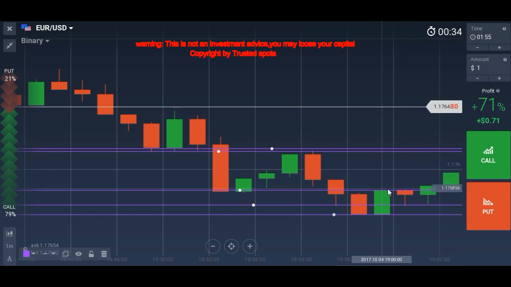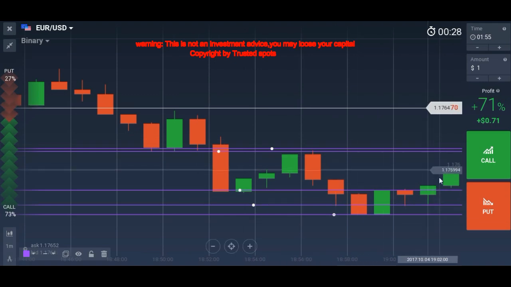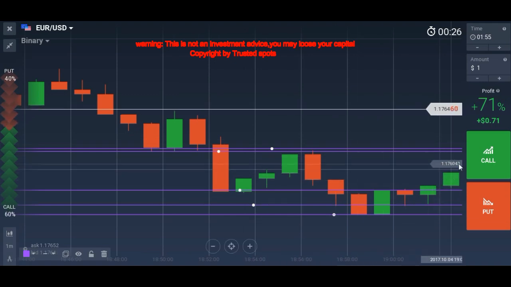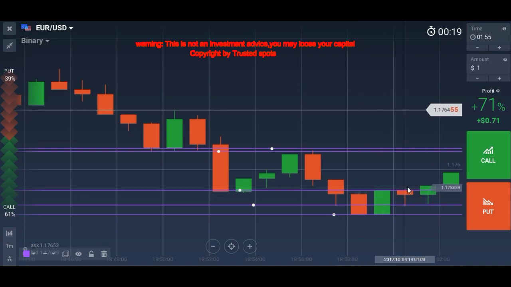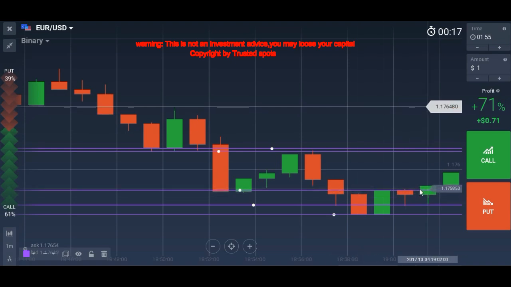You can see this is a support and this is a resistance, and it is a downtrend, and the candle is in between. So you cannot predict if the market will go up or down. But if the market comes down and hits that particular support level, there are chances that the market will go up.